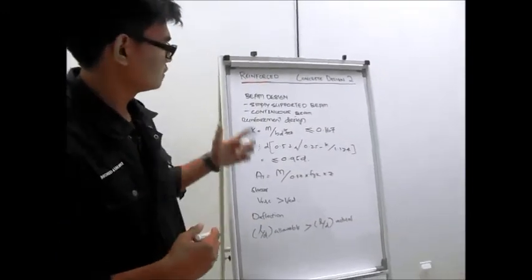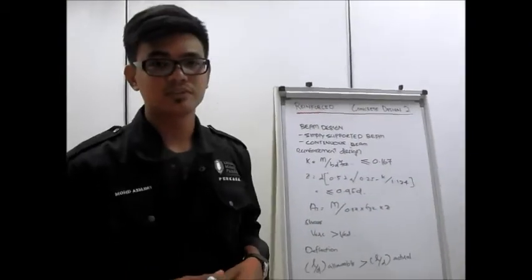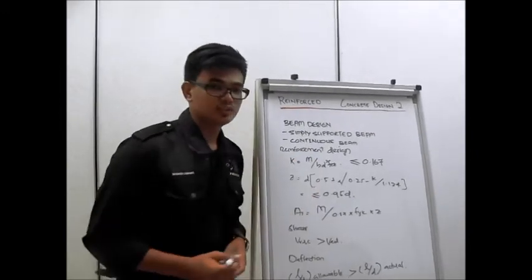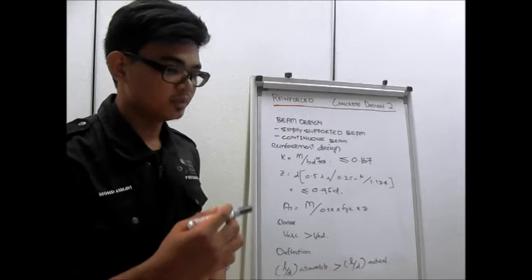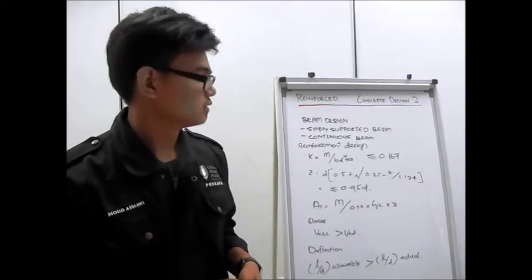Okay, for the next step is the reinforcement design. For the moment, we need to take from the frame analysis, which is the moment must be plus vertical and horizontal.